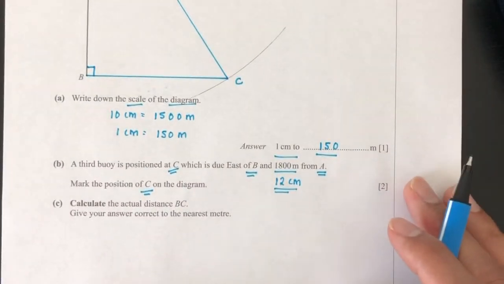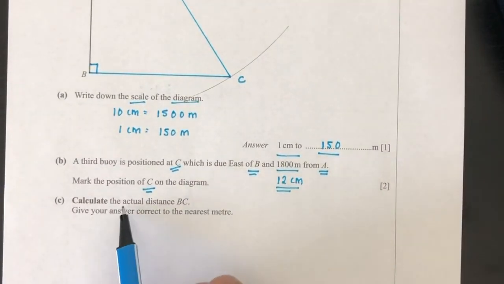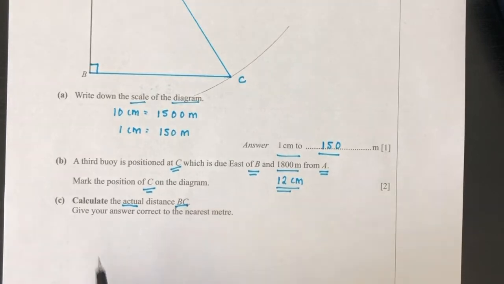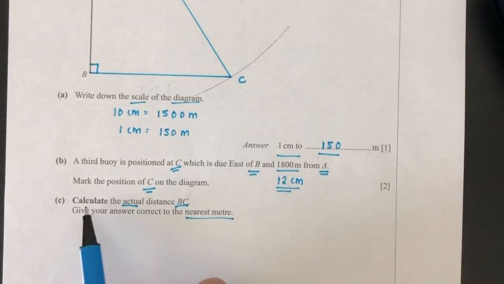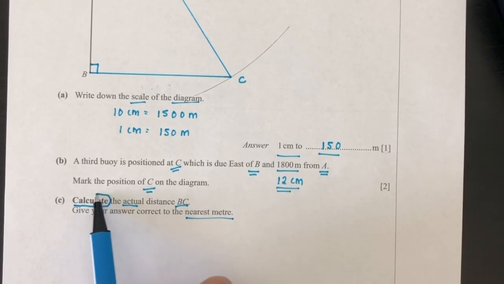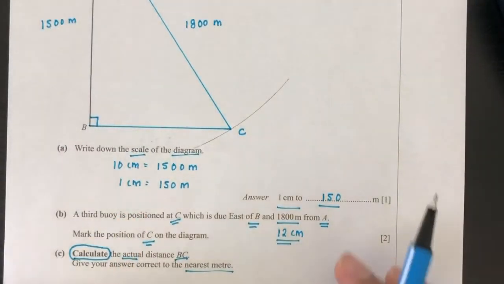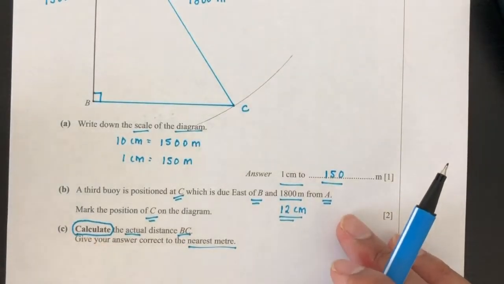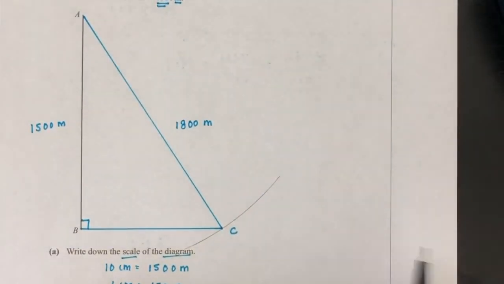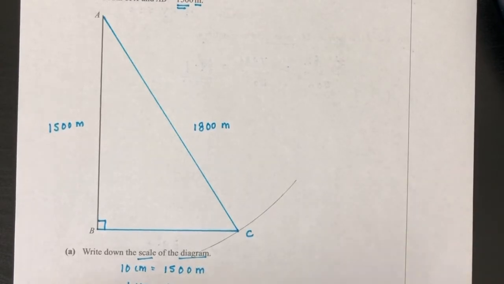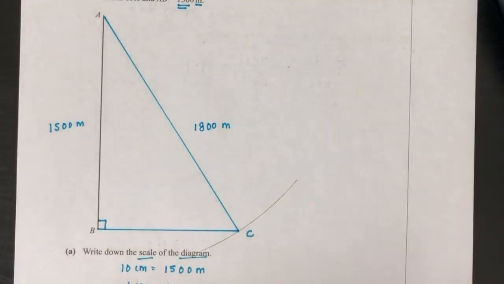Now question part C, it says calculate the actual distance BC, give your answer correct to the nearest meter. So the question here it says calculate. So usually what we do is we measure this distance and we use a scale to convert, but now we have to calculate the distance. So the way we do this is, as you observe, we have a triangle ABC, which is a right angle triangle.